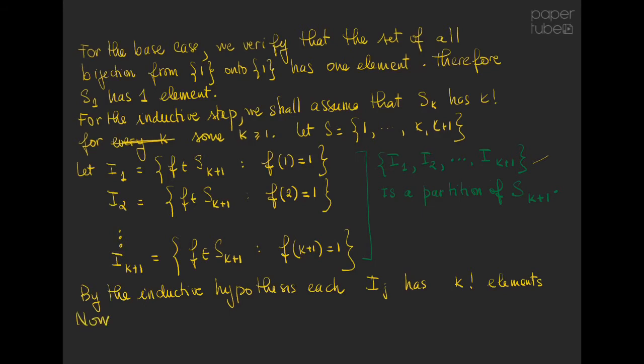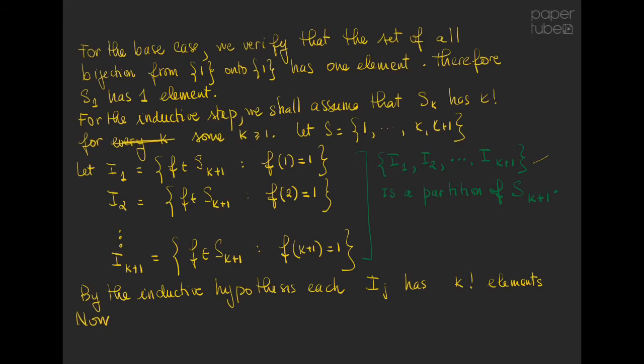Why? Because each Ij is fixing one element in the set S. So all the permutations inside that set are essentially just acting on k elements. But we have already assumed that the set of all permutations of degree k is equal to k factorial. So every Ij set will have k factorial elements.